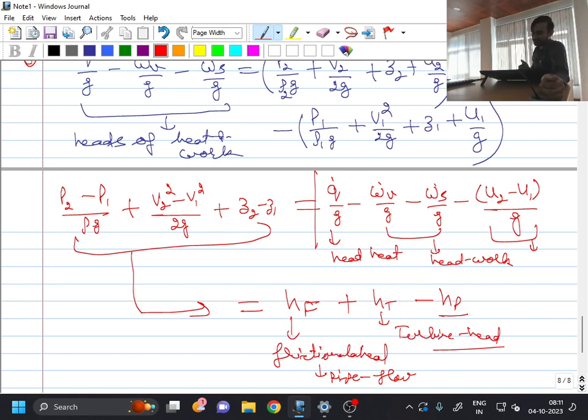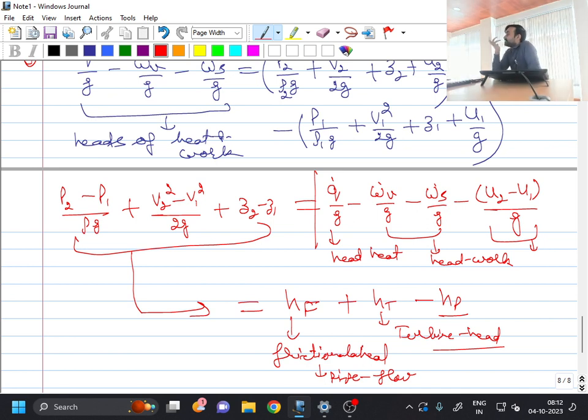So this is nothing but my steady flow energy equation, and the benefit of this steady flow energy equation is that you can apply this particular equation to any type of situation. This is a generic equation. The only fundamental point we have to consider over here, the two assumptions which we have invoked, are steady flow and second is uniform flow.